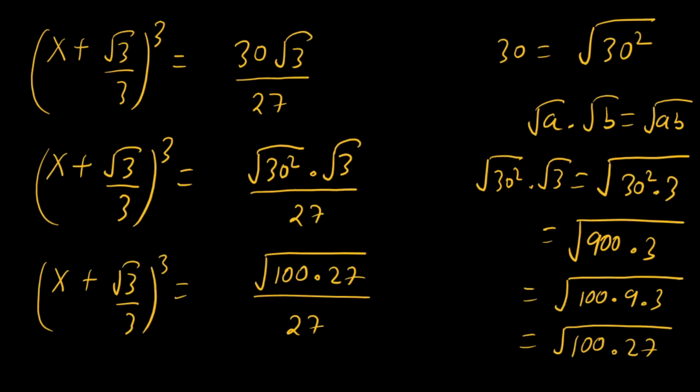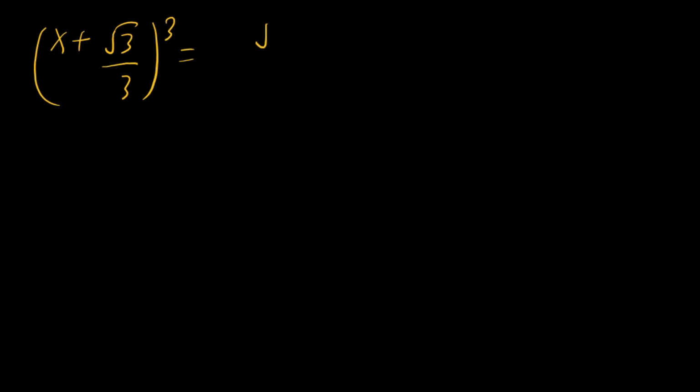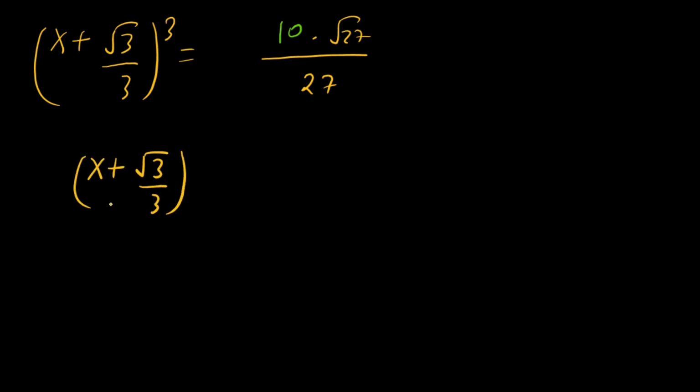In the numerator this is the same as √100 times √27 divided by 27, and we know that the value of √100 is 10. So on the left hand side (x + √3/3)³ is equal to 10 times √27 over 27.